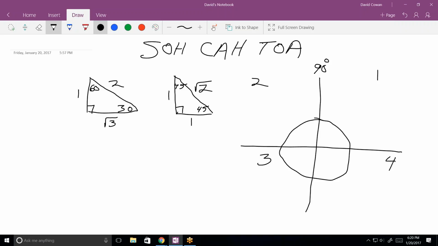And I'm going to label these in degrees. At some point in trig, you're going to switch completely over to radians. But at this point, you probably are more comfortable in degrees. And in fact, there's nothing wrong with always taking radians, converting it to degrees, and then if necessary, convert it back to radians.